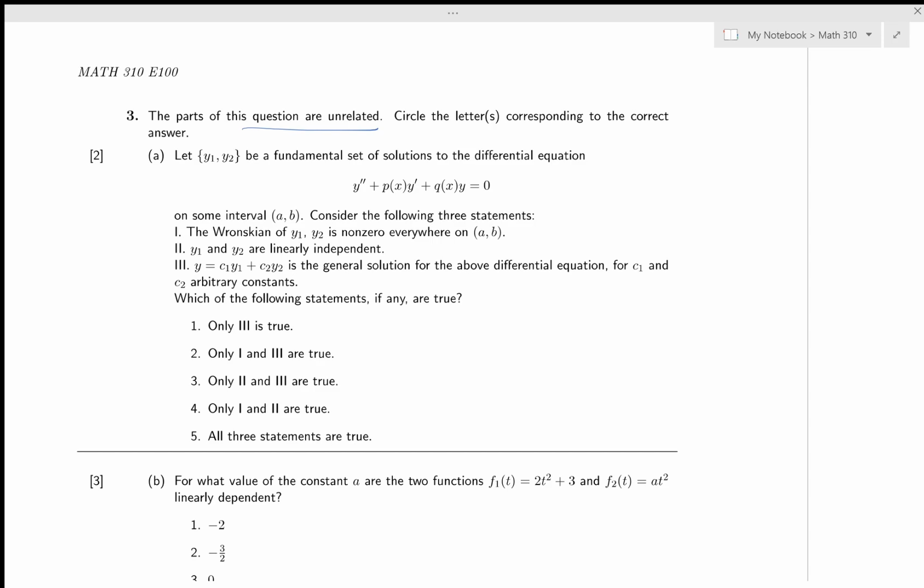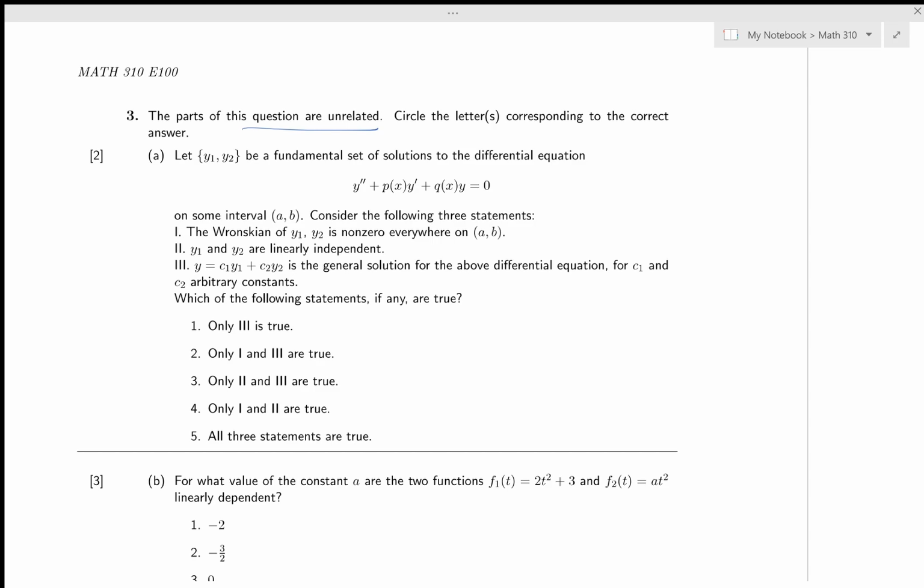Now consider the 3 statements. The Wronskian of y1 and y2 is non-zero everywhere on a, b. That's a statement. y1 and y2 are linearly independent. That's another statement. And y equals c1 y1 plus c2 y2 is a general solution for c1, c2 arbitrary constants. And it's asking you which statements are true, if any.